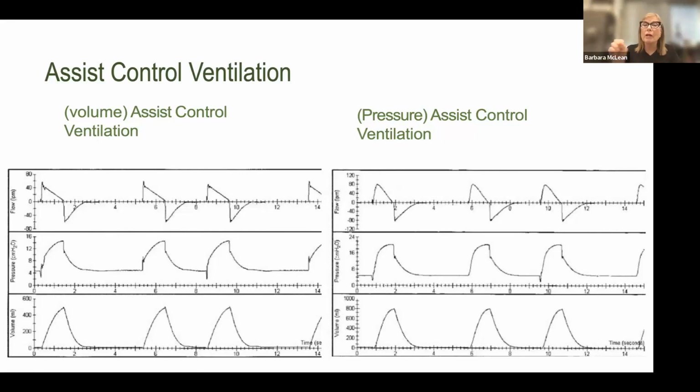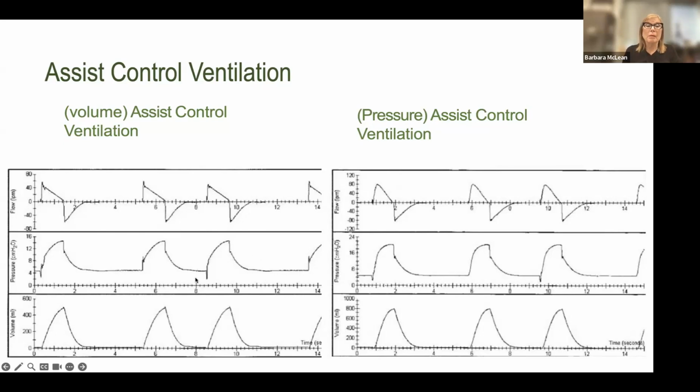Unless you are very, very experienced, you might not really be able to tell the difference when you're looking at flow, pressure, and volume in a volume assist control ventilation versus a pressure assist control ventilation. You may not be able to tell that difference very well, and that's okay. All I want you to see is every breath here. So every breath in volume, every single one is just like the other.